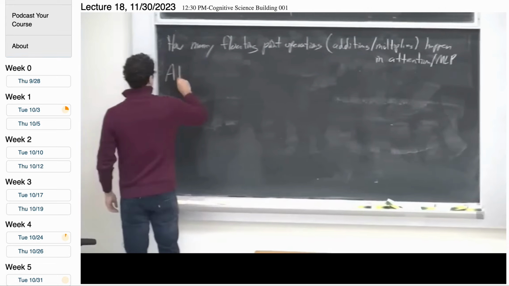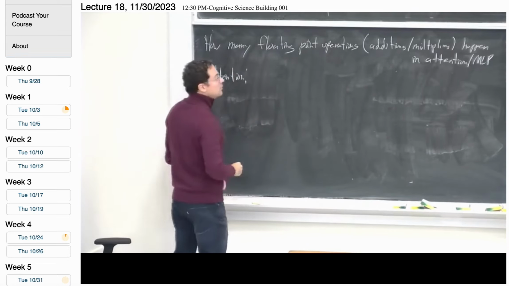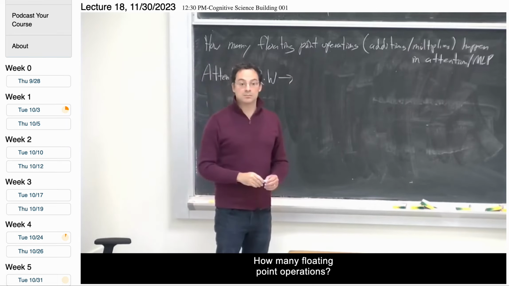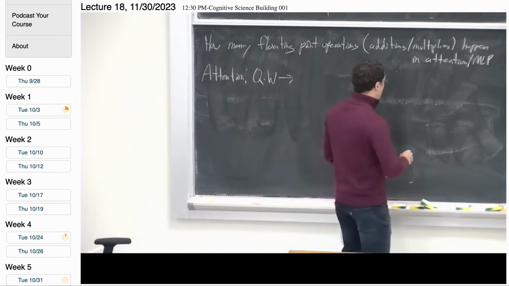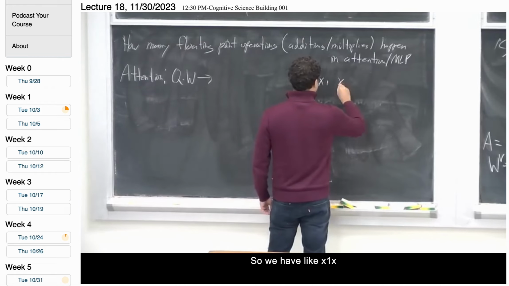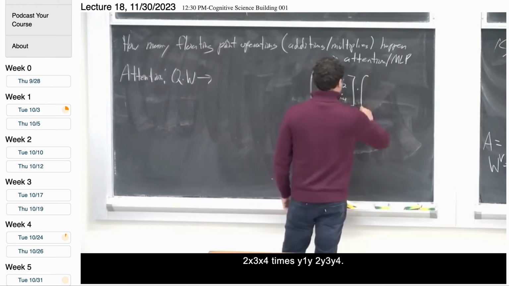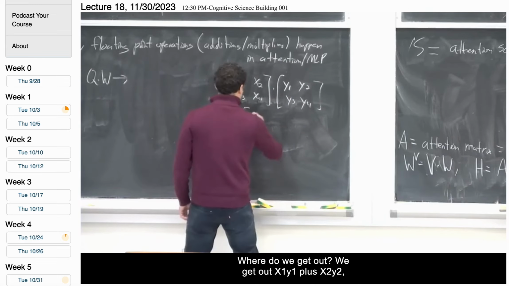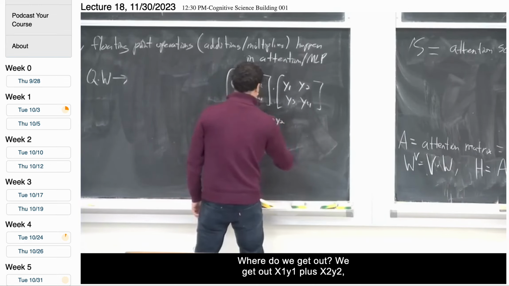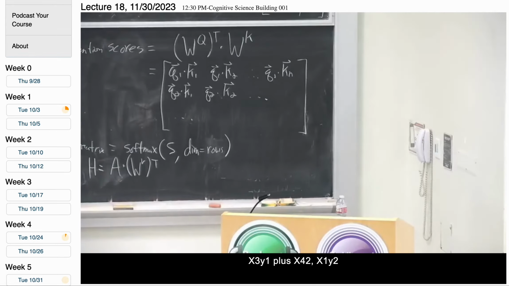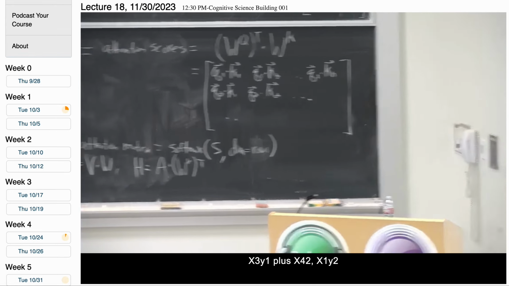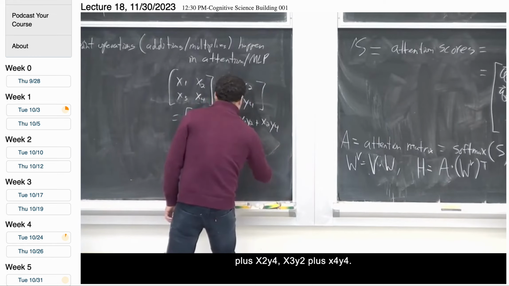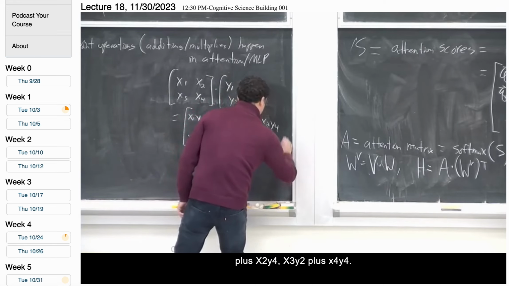So how many floating point operations? When we multiply two matrices together, we have x1, x2, x3, x4 times y1, y2, y3, y4, where we get out x1 y1 plus x2 y2, x3 y1 plus x4 y2, x1 y2 plus x2 y4, x3 y2 plus x4 y4.